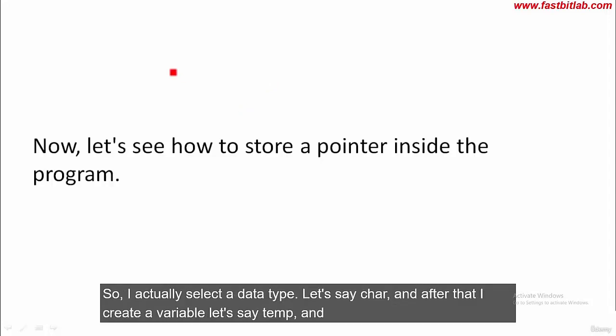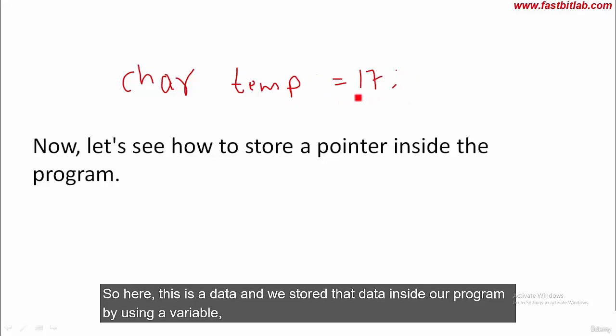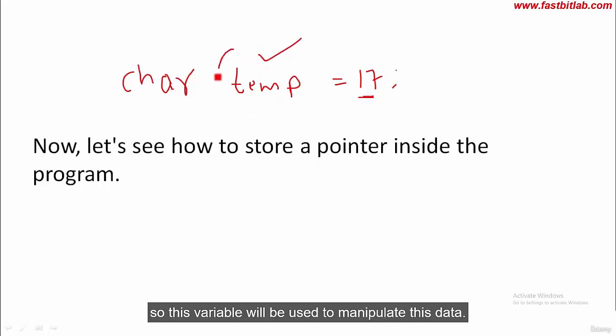I select a data type, let's say char, and after that I create a variable, let's say temp, and I initialize that variable. So let's say 17. Here, this is the data, and we stored that data inside our program by using a variable.